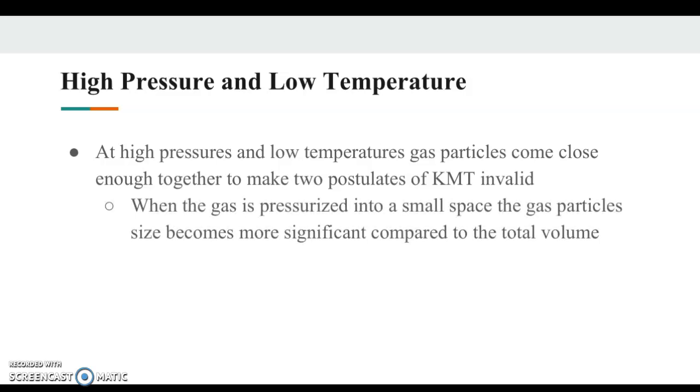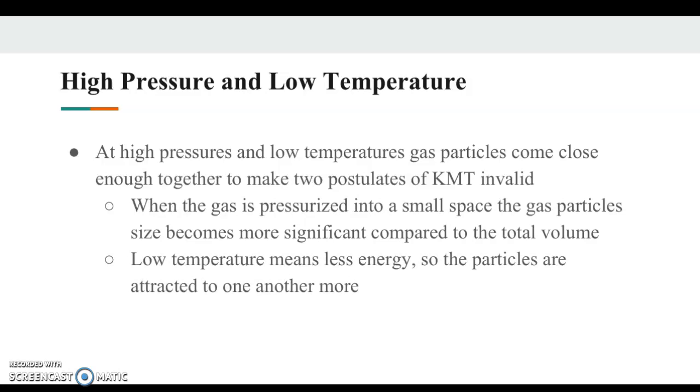When gases are pressurized into a small amount of space, the gas particle size does become significant. As we condense that space smaller and smaller, and our gases are pushed together via pressure, you end up with your gas particles pretty close together, which is not ideal.